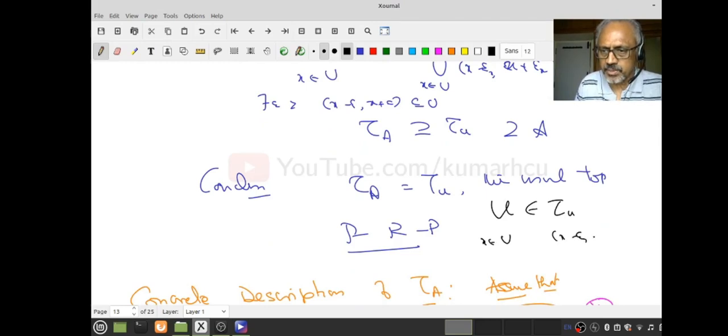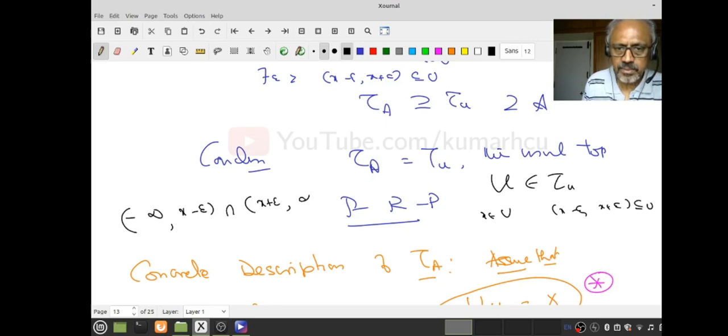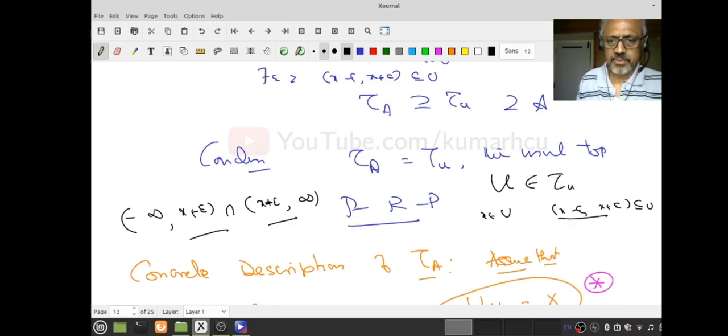There is X minus epsilon to X plus epsilon, which is contained in U. But this I can write as minus infinity to X plus epsilon intersection X minus epsilon to infinity. This is nothing other than this. So these are our original things in script A.